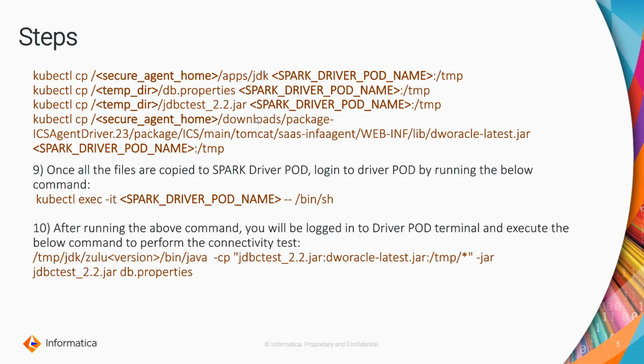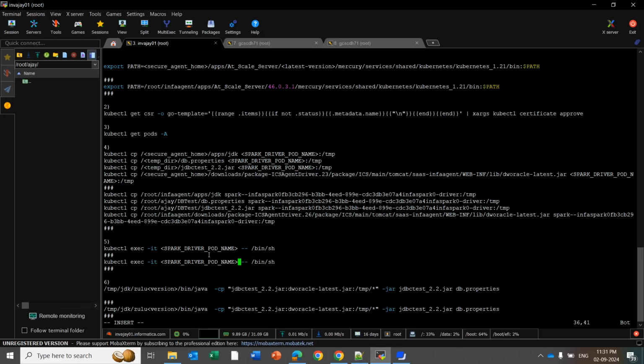Now once you have copied all the files to the /temp directory of the Kubernetes pod, log into the Spark driver Kubernetes pod by running this kubectl exec -it command. The kubectl exec command is used for logging into the particular pod which you have specified. Here we are trying to log into the Spark driver pod.